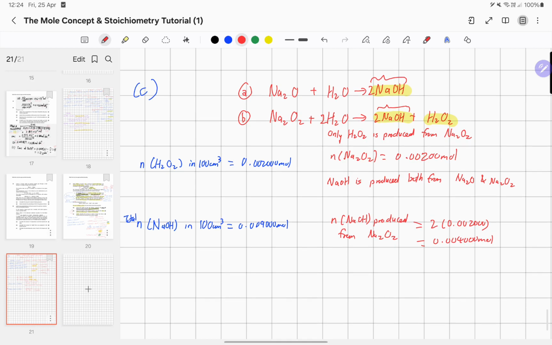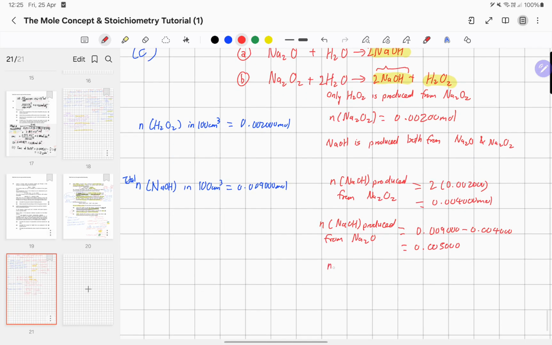Okay. And then if you want to know the NaOH produced specifically from Na2O, just take the total minus the number of moles of NaOH produced from Na2O2. This is 0.005 mole.